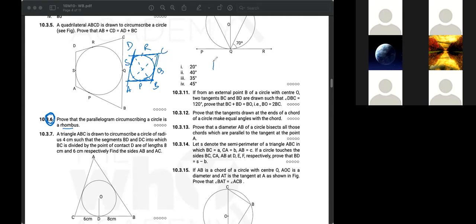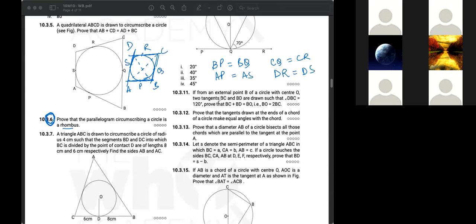So you have BP equal to BQ, AP equal to AS, CQ equal to CR, and DR equal to DS, right?